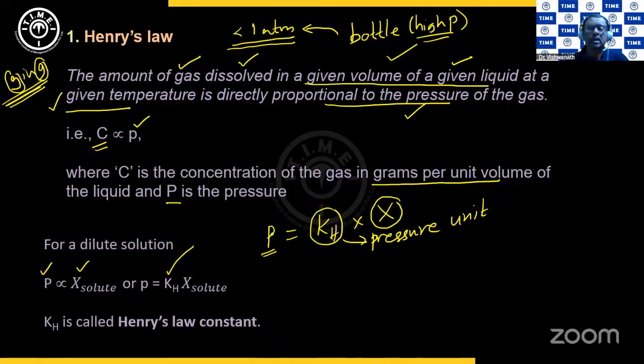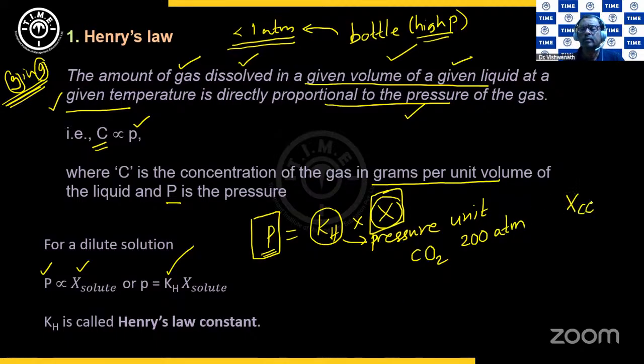One more thing that you will identify here is that at a particular pressure, there is a particular solubility, right? Suppose I have carbon dioxide gas at a pressure of, let us say, 200 atmospheres, and we want to find out the mole fraction of carbon dioxide.